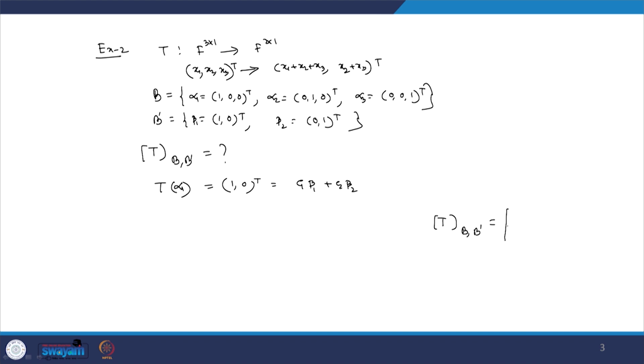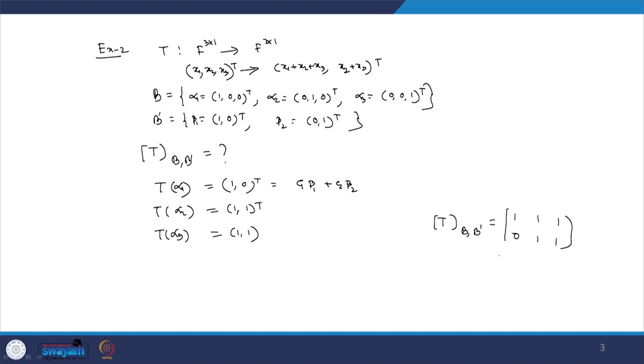I will have (1, 0) as the first column, and T of alpha 2 will be (1, 1) transpose, and again I will have the second column as (1, 1), and T of alpha 3 equal to again (1, 1). So this will be equal to again (1, 1).